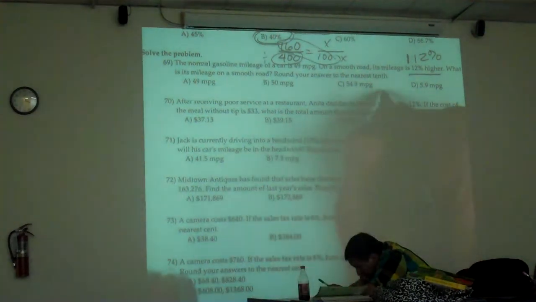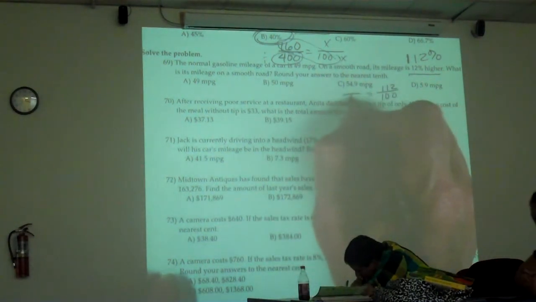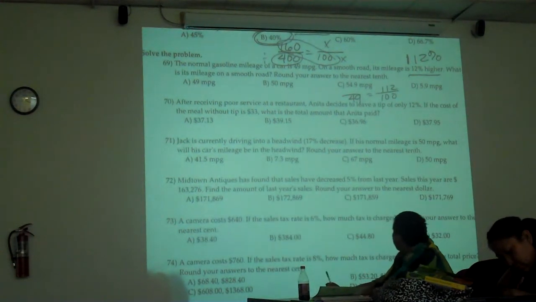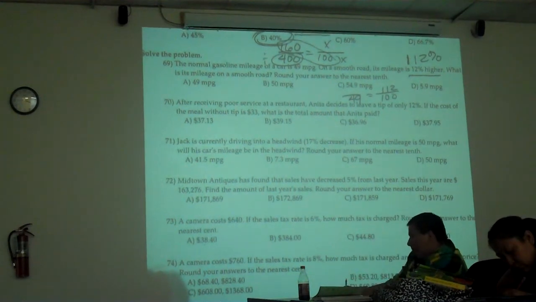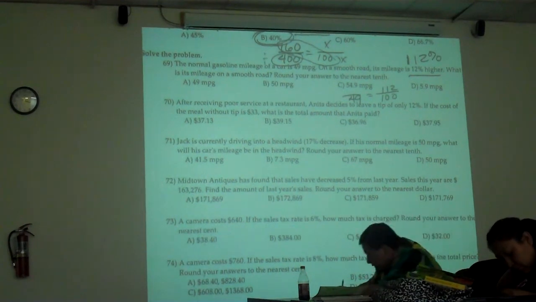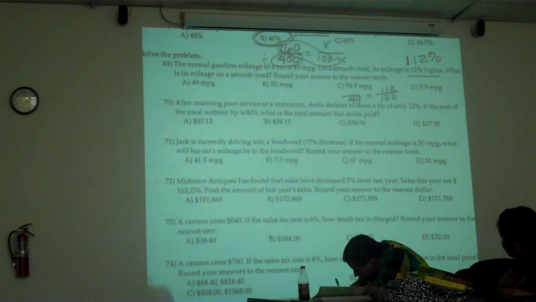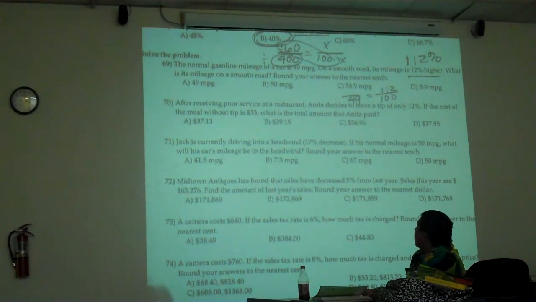So if you do 112% of 49, you'll get the new gas mileage without having to add it. Everybody, does that make sense? Okay? Huh? Times it straight. Then you have to divide by 100.